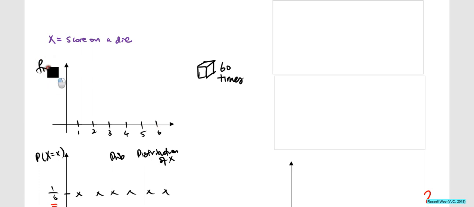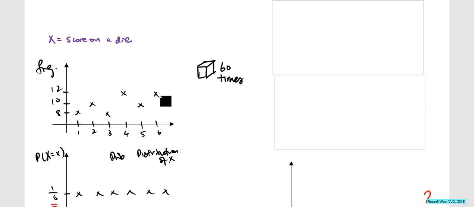Correct? This is what we call frequency. Maybe sometimes you get a 12, sometimes you get an 8, sometimes a 10, and so on, and you add up to 60.